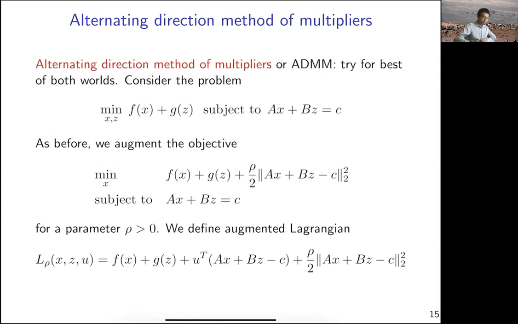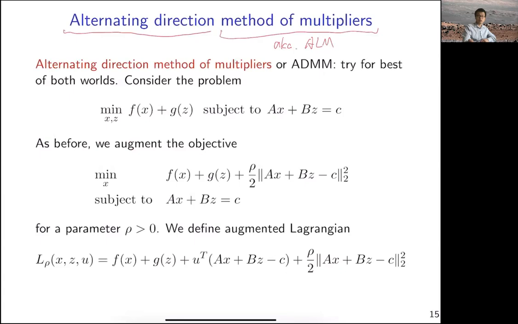Okay, so now we get to a more general family of algorithms called alternating direction method of multipliers. Notice that there are alternating directions, but then there is also the method of multipliers. Method of multipliers is another way of saying the augmented Lagrange multiplier based methods.